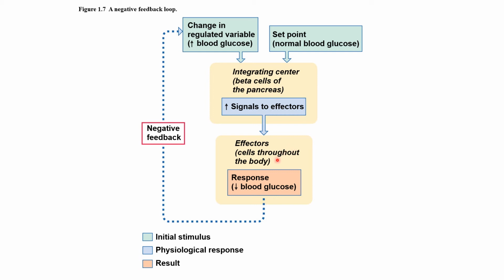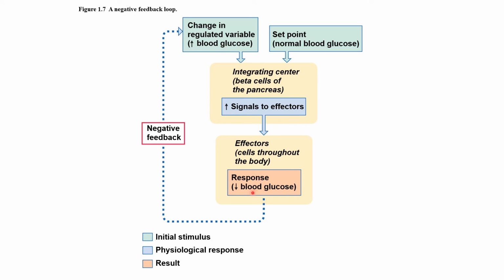And so once the cells start to absorb the sugar out of the blood, what's going to happen to the amount of sugar in your blood? Well, it's going to start to drop. So notice how the change that you were faced with was high blood glucose levels, but after you've released the insulin, your glucose levels in your blood have dropped.